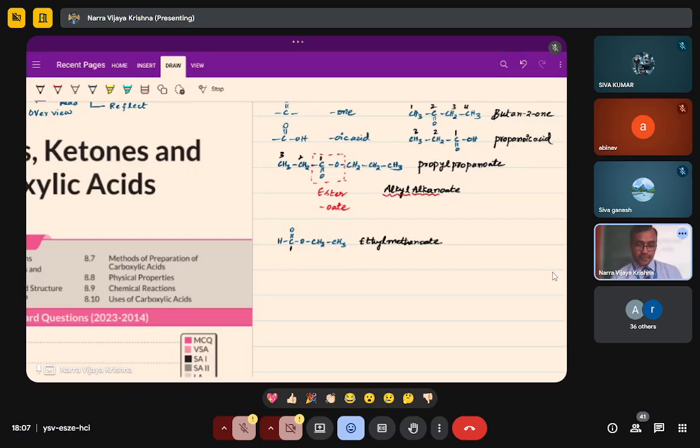Clear, na? Now I am taking one more. What is the name of this one? 1, 2, 3. Can I call it an acid halide?